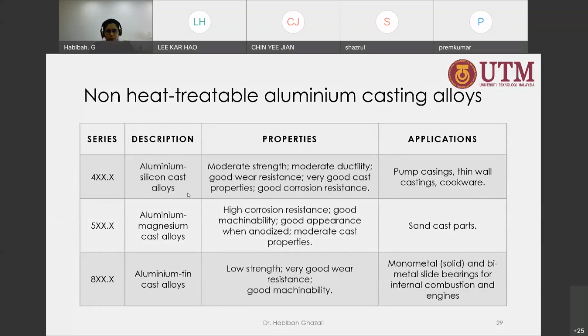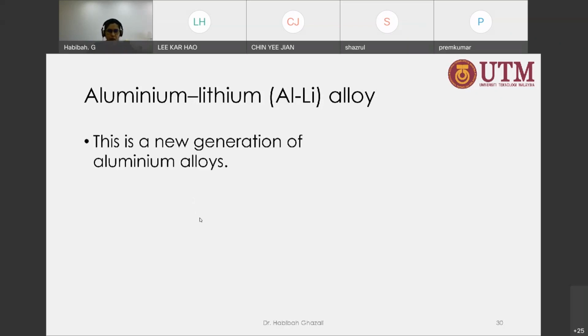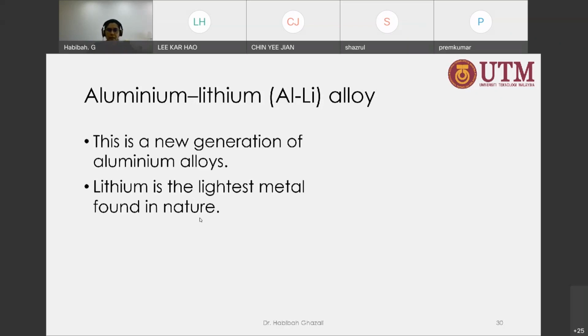All right, so that's for aluminum, and we have the new generation of aluminum alloy. One of them is the aluminum lithium alloy. With this alloy, the alloying element is lithium. Lithium is the lightest metal found in nature. Aluminum is already quite light, with a very low density.